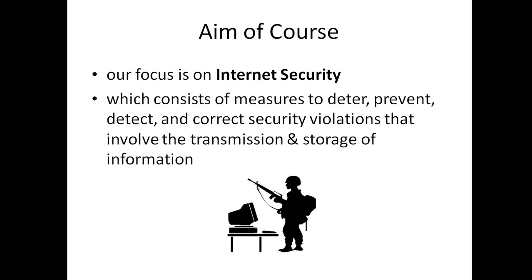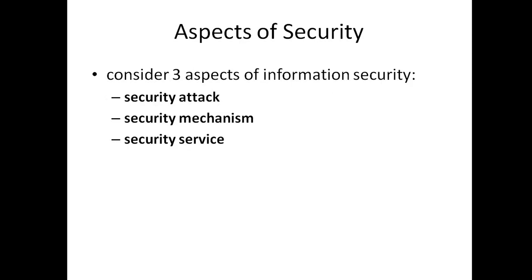Basically, internet security consists of measures or tools to deter or prevent, and sometimes to detect and correct, the security violations that involve the transmission and storage of data or information. That is the main motive of internet security.